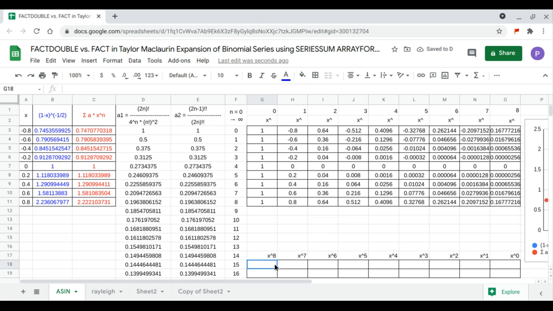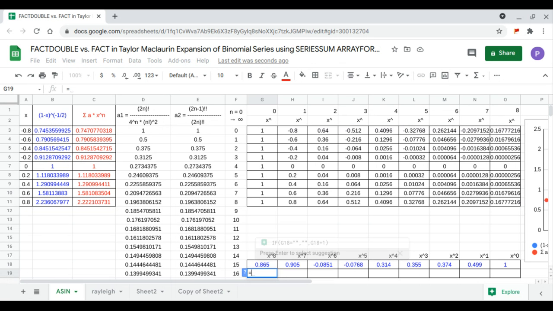Now we can calculate LINEST. This is LINEST, the data y and data x. And these are the polynomial regression coefficients of the binomial series.